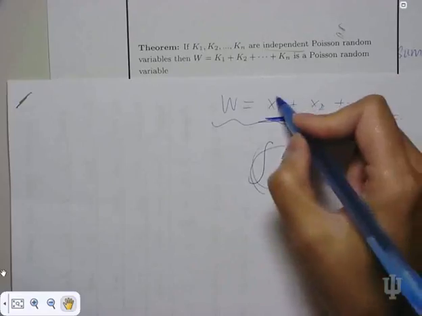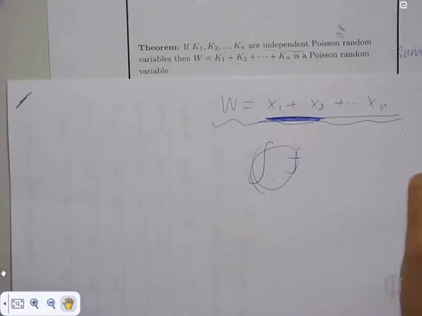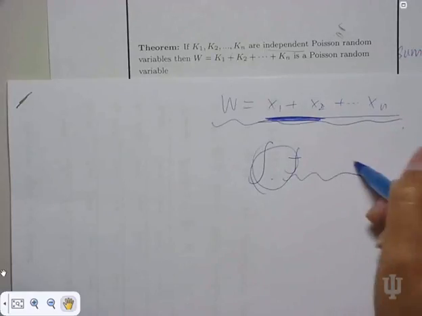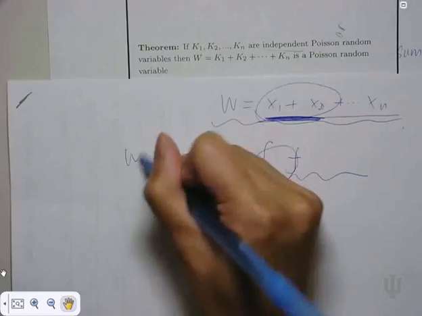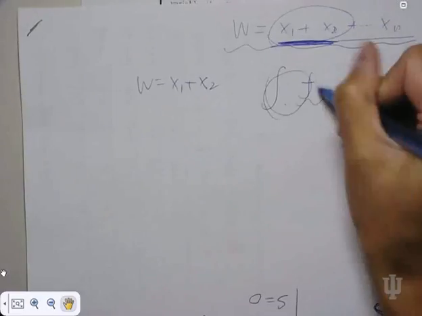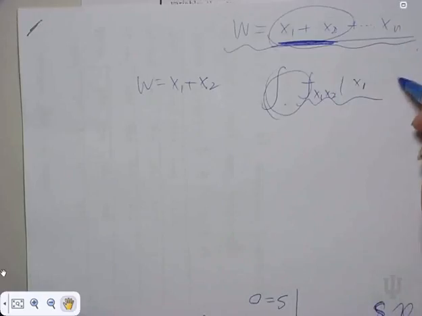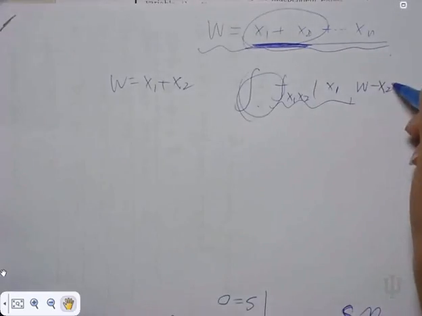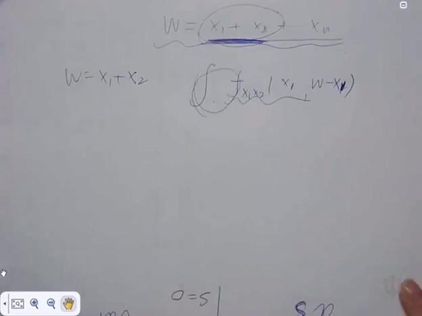But if I transform the signal to the frequency domain, any convolution... why do I have convolution? Because think, for example, w equals x1 plus x2. Then this is x1, x2. I will have x1, w minus x2. I think maybe, yeah, w minus x1.